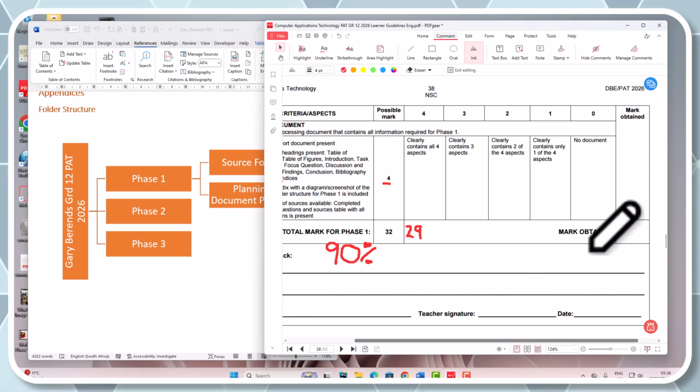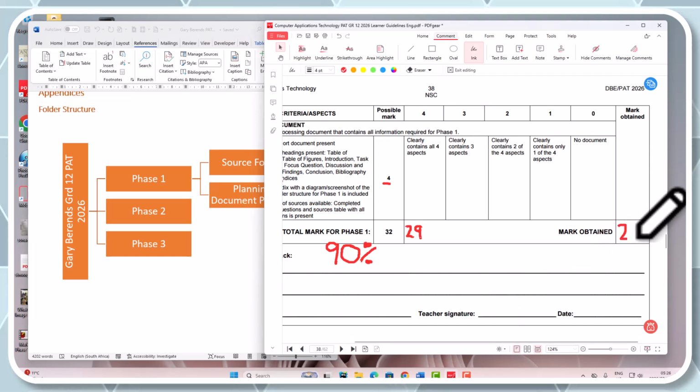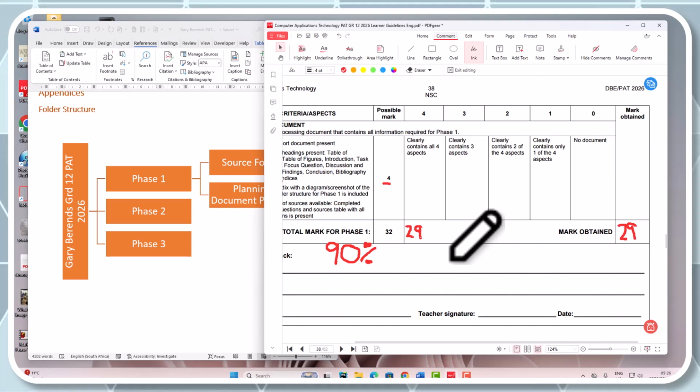All right, and that is the 29 there. And I'm sure your educator is going to be quite chuffed with your work, and you'll be chuffed with your work because so much you've put into it through the term. And it wasn't a rush job over a weekend, or you didn't put any time or effort into this PAT. So that is really important.